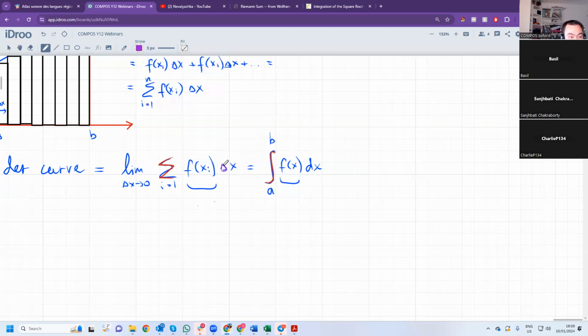Delta x is a change in x, and dx is an infinitely small change in x. So we are literally slicing the area into very, very thin parts and trying to establish the area.